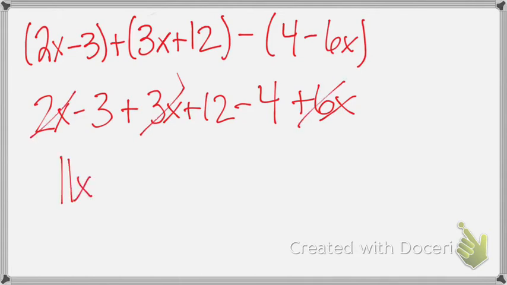And then we got a negative 3 plus 12 minus 4 leaves us with positive 5. Did we get that? Good. All right, the next one was just adding. Just combining like terms.